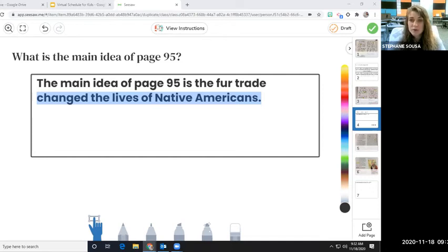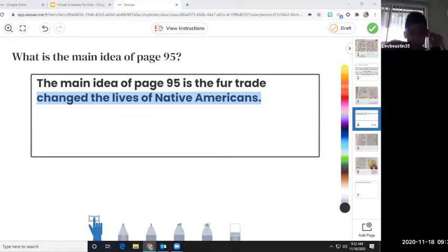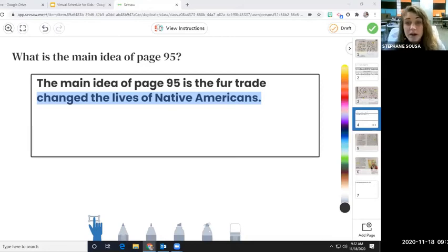Questions or comments as we go? Levin? I thought it would be trading furs with the Europeans. Say it again. Changing lives. What about their lives? I thought it was going to be trading furs with Europeans and changing lives. Oh, you think Europeans should be in there? I could get down with that because inside of our text, it did talk about the Europeans a lot.